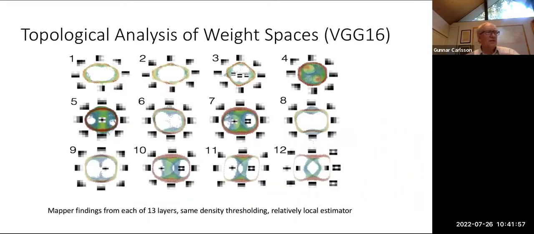And now here, this is an analysis of weight space in a VGG16, which is a much deeper, more complex network that's trained on ImageNet. And here you can see what's happening. Here are the findings: the primary circle occurs in both layers 1 and 2, and then you start to get some secondary circle information in layers 3 and 4. In layer 5, you're actually getting something which is not included in that Klein model at all. This is a crossing instead.